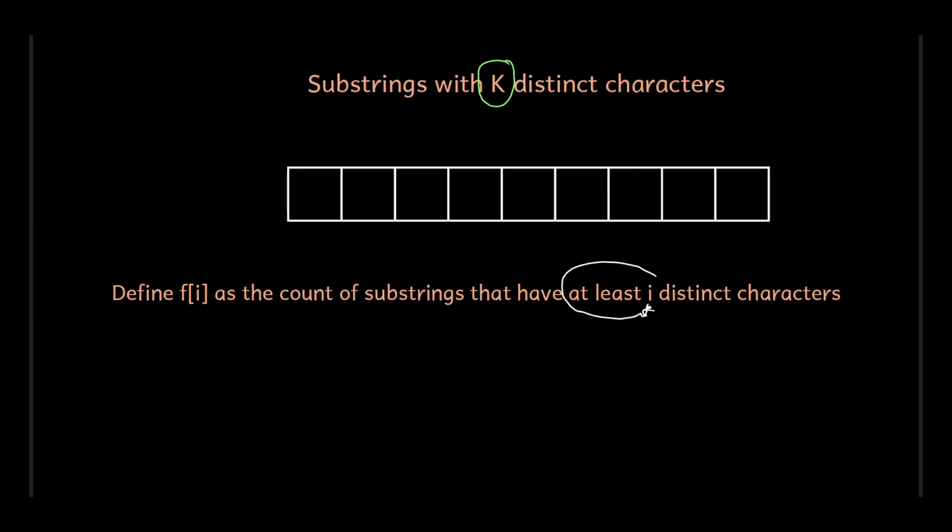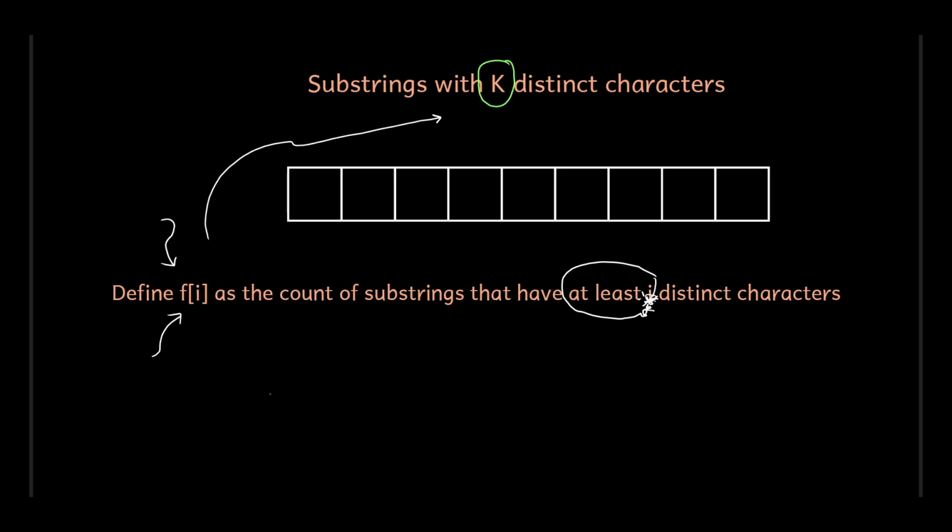I don't need exactly I, I need at least I distinct characters. But how will this help us? Because if you were able to compute this f of I, then do you have any algorithm to compute the answer to the original problem with exactly k distinct characters?